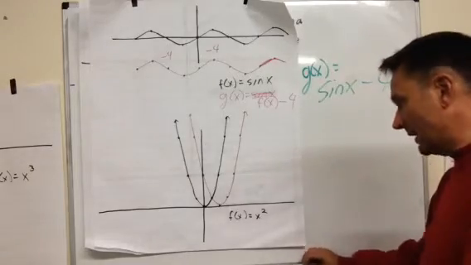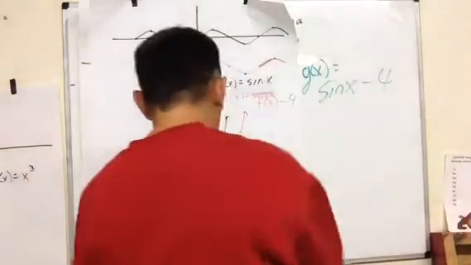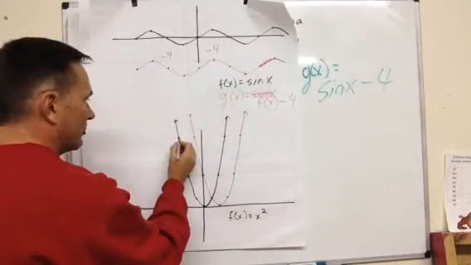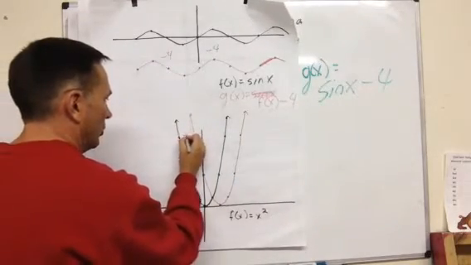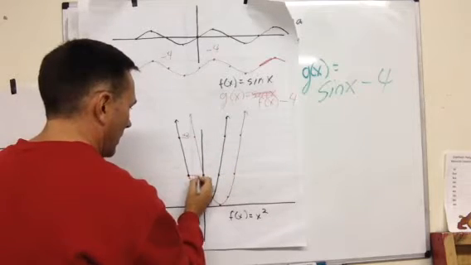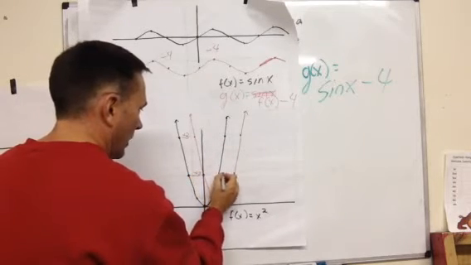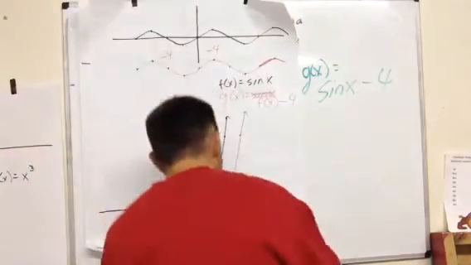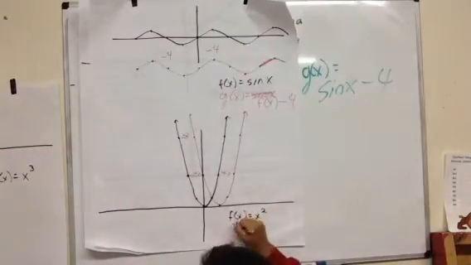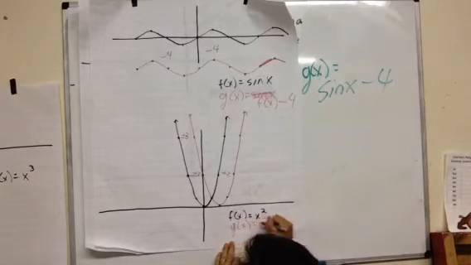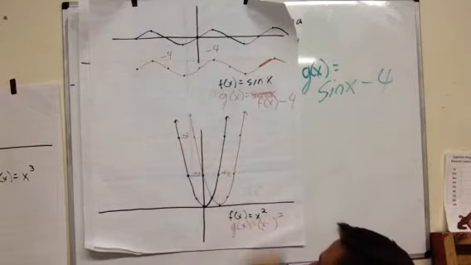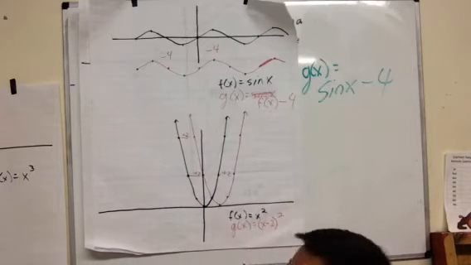So we're going to rewrite this now, because it shifted to the right 2 units. Again, this point went that way plus 2. This point plus 2. This point plus 2. You can see everything changed 2 units. I can rewrite this as g of x equals, in parentheses, x minus 2.